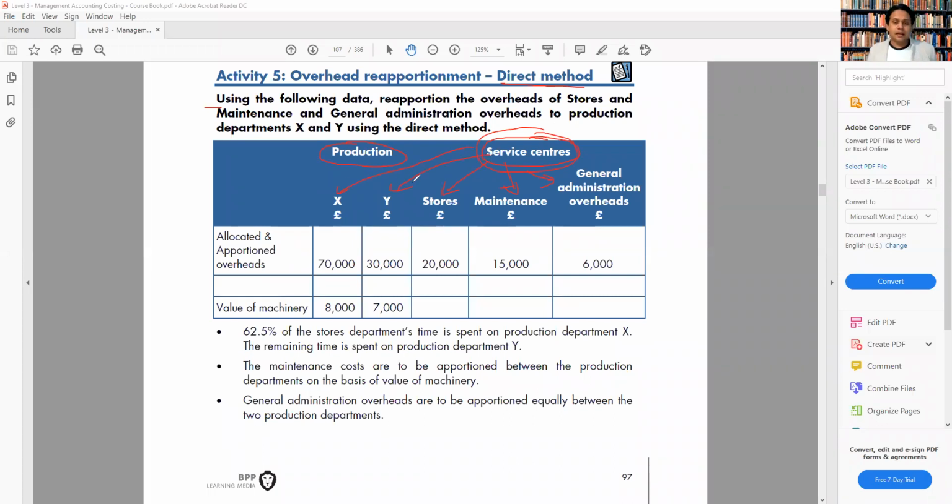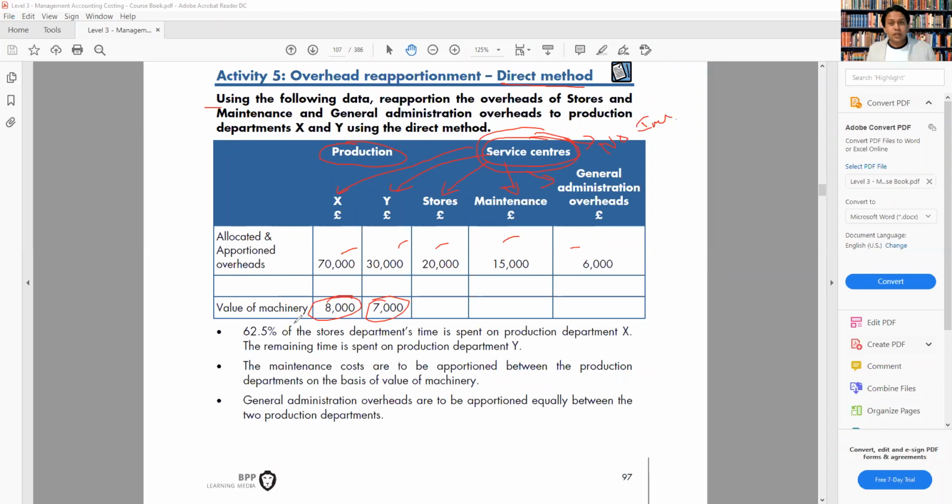This is the plan, because the service departments have no income, so their cost has to be borne by the production department. All the service costs will move to the production. So they said, this is our overhead, 70, 30, 20, 15, and 6. Value of the machinery, we have 8 and 7.